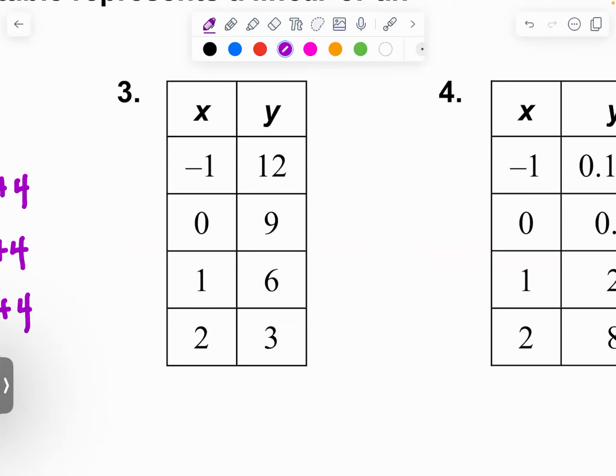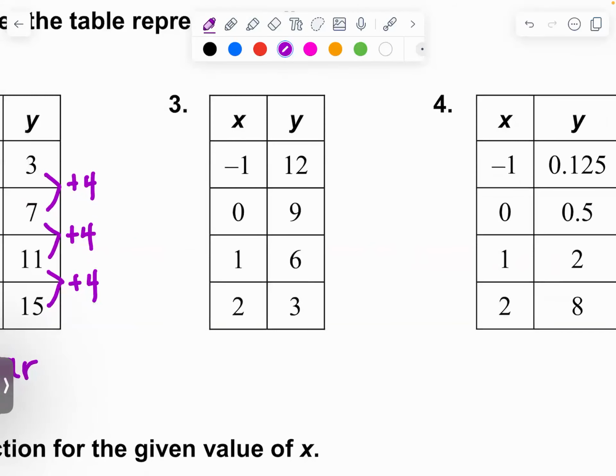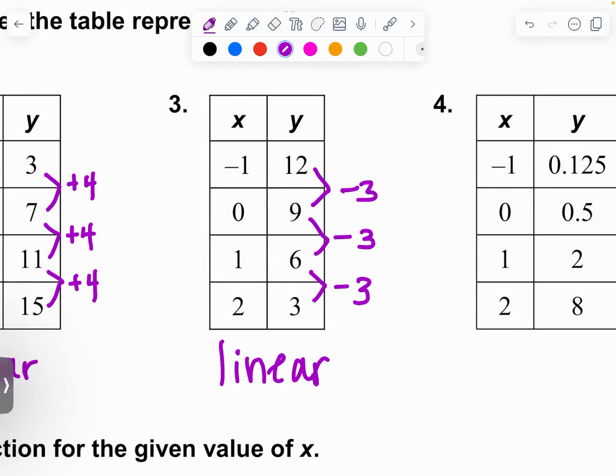All right, here we go. Gabe, is number 3 linear or exponential? I'm still not sure. Okay, so what do you notice about the y values? They're going down, so minus 3, minus 3, minus 3. So yes, number 3 has a constant rate of change.